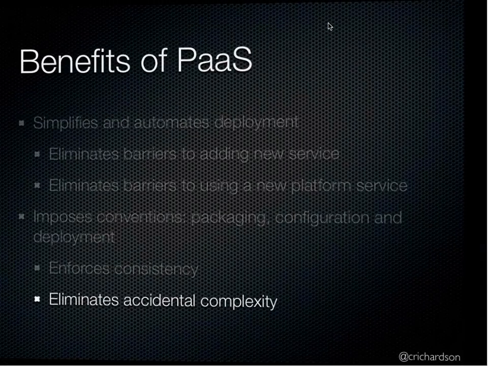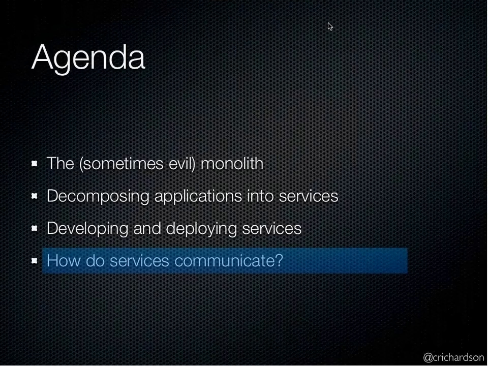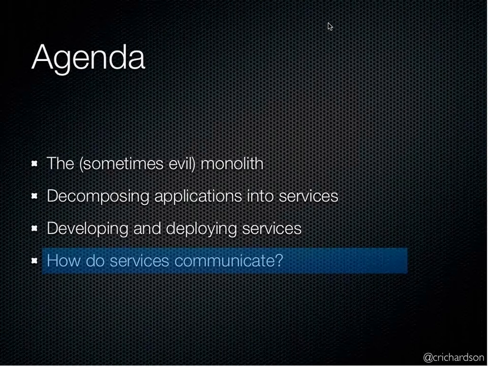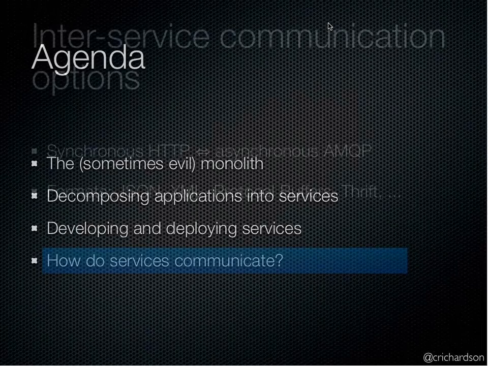Okay, so that's services. And now I just want to spend a bit of time, the final section of the talk, going over different inter-service communication options. So we've broken up our system into a lot of services.